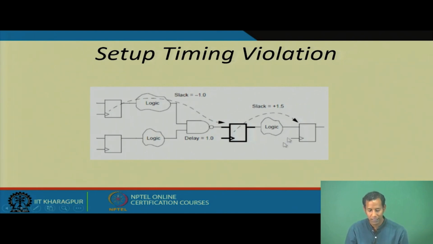Is there any technique, without putting in extra hardware or extra logic, by which just by reshuffling or making some changes, I can make this circuit work properly though it has the setup time violation?